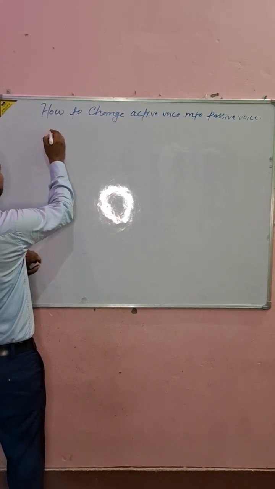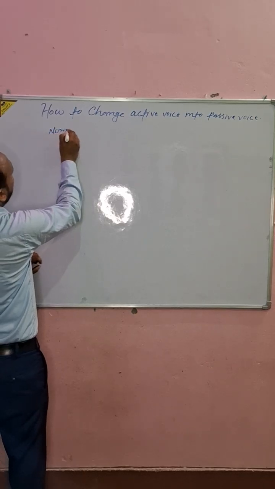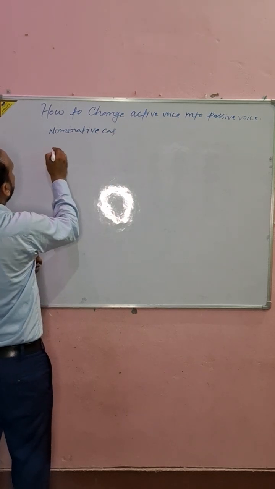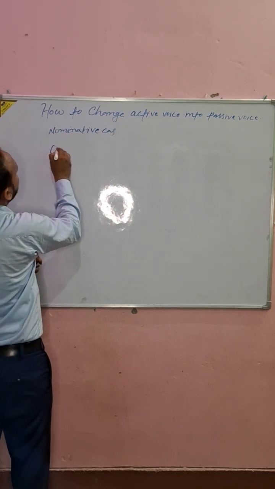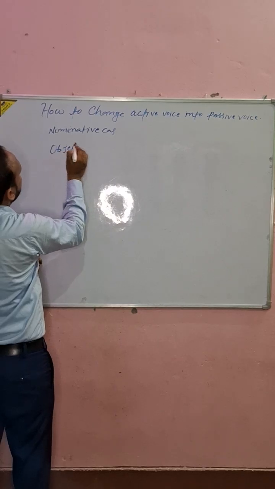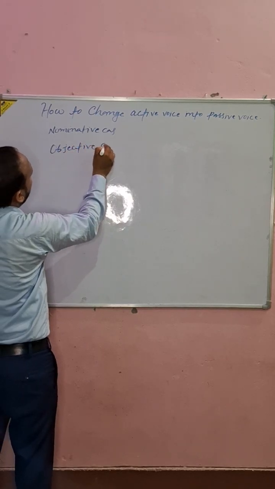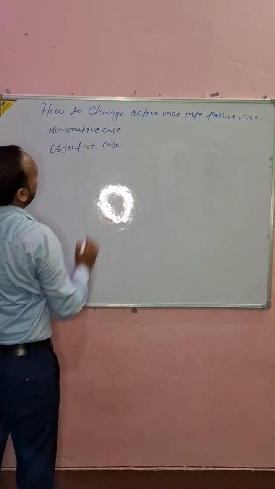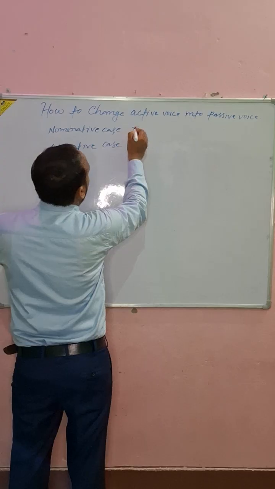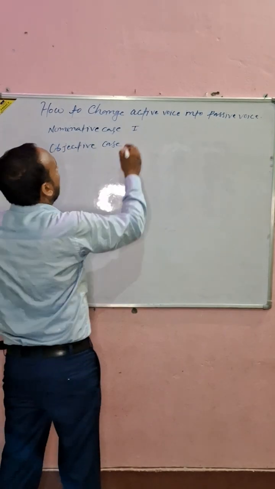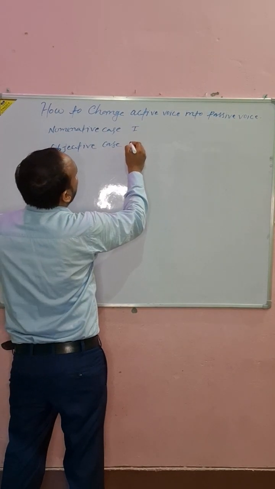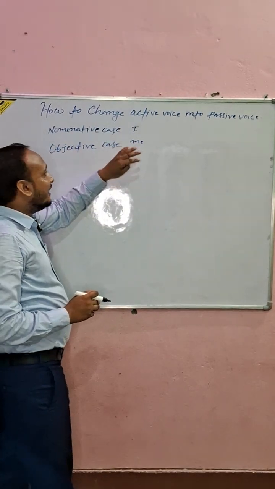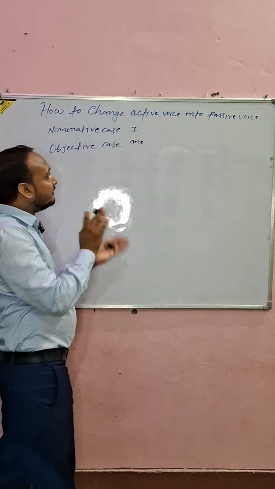Let me tell you, here is the nominative case, and the objective case. We change I into me, or I becomes me and me becomes I. According to the situation, we change like this.